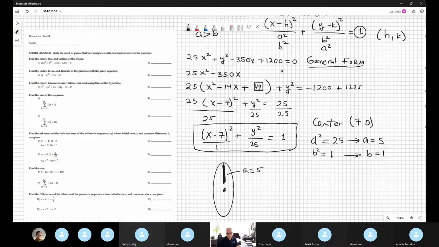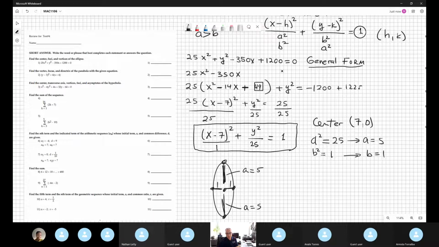This is the center. This segment is 5 in another direction. This segment is 1 in that direction and 1 in that direction. Okay, you see the vertex and co-vertex. We are doing detail now. Okay, after we check it, double check in decimals.